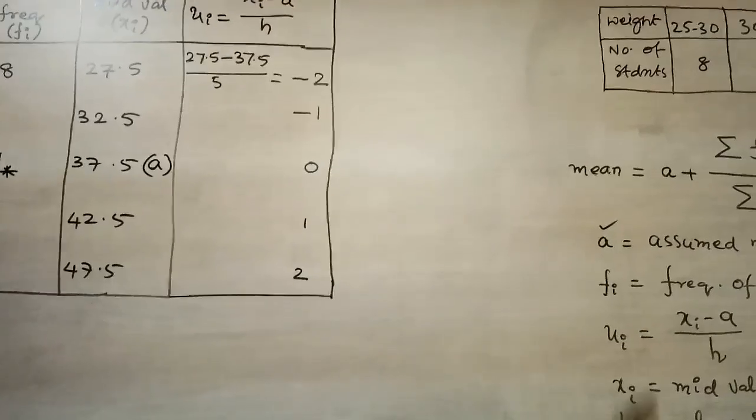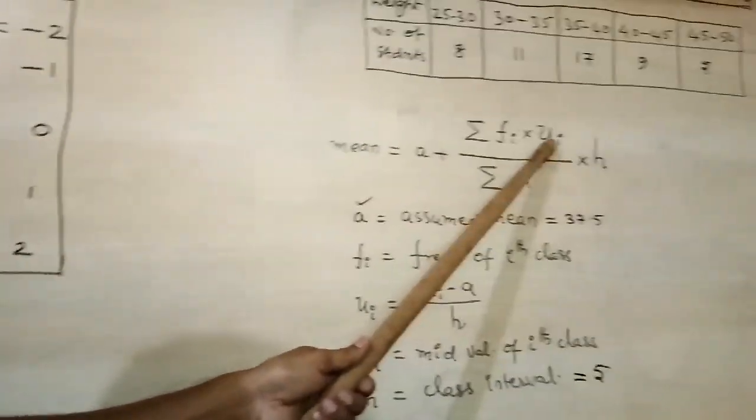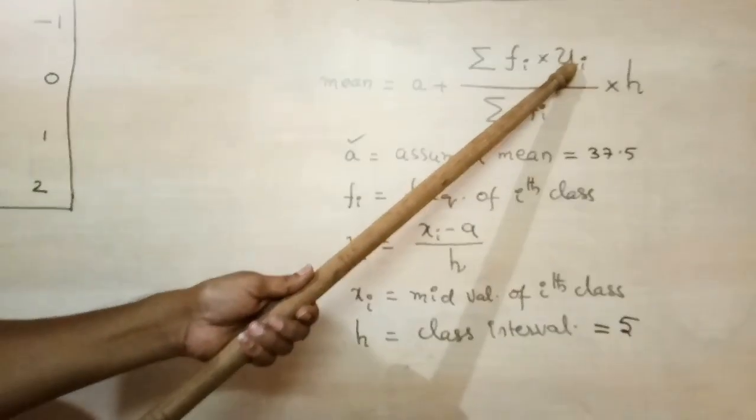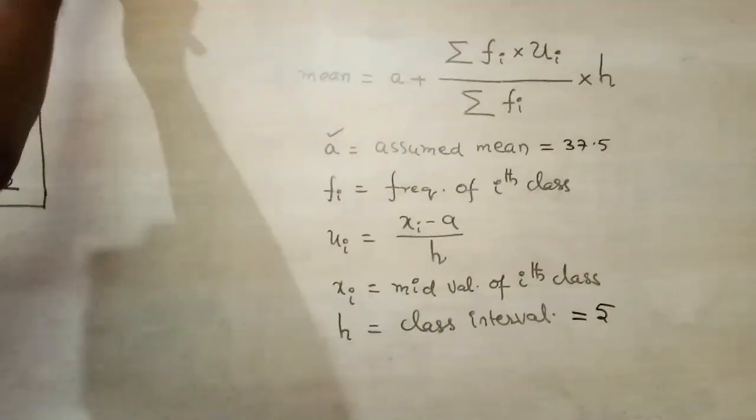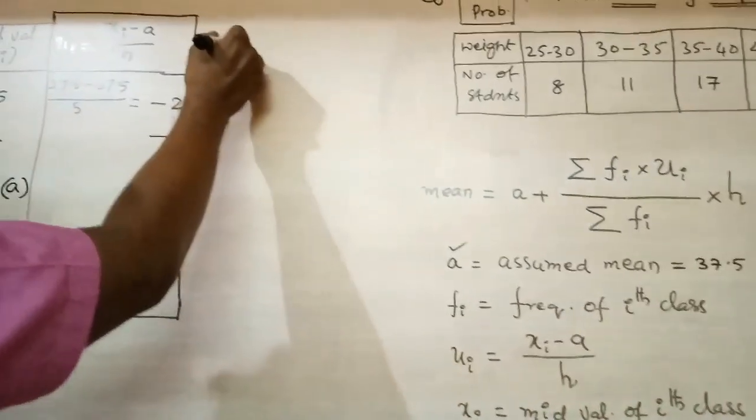After getting the ui values, multiply them by fi. Now find fi into ui.